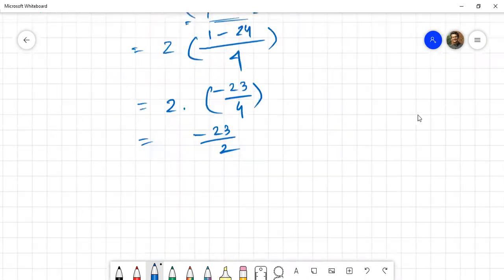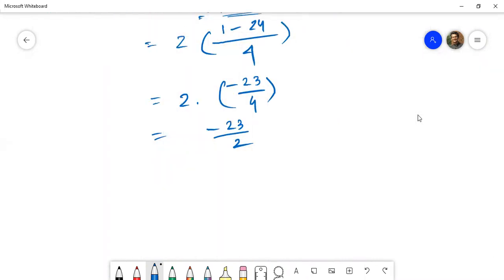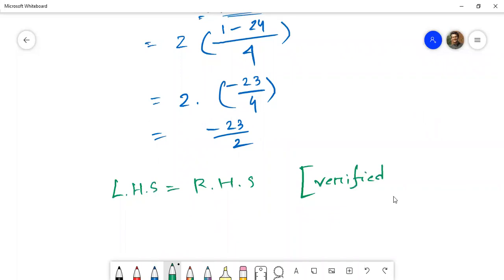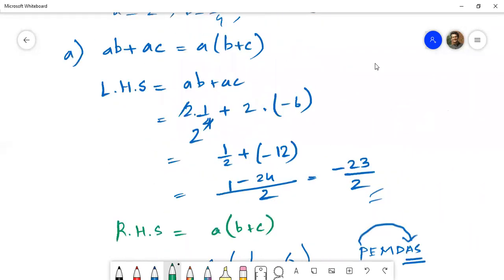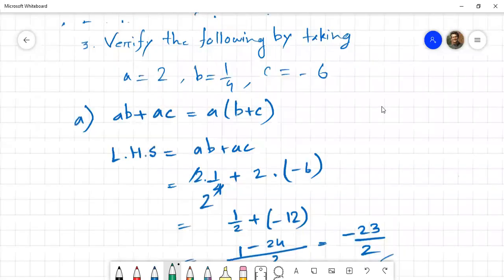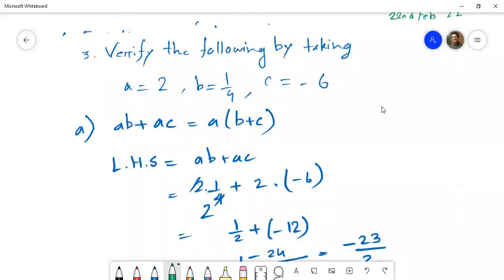What you have to write is left-hand side equals right-hand side, and you say verified. If the question says show that, you write showed. If it says prove that, you write proved. As it said verify, we put verified.